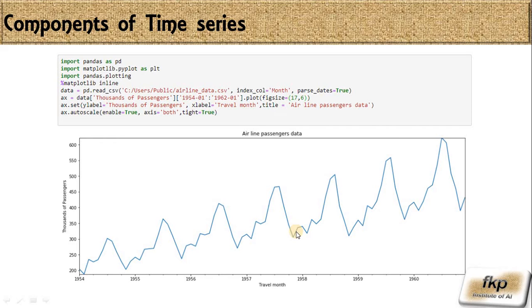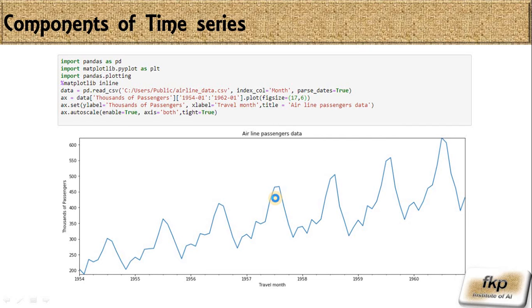It requires mechanisms to extract those components out of the time series data. This graph I downloaded from Kaggle, and it is related to airline passengers data from 1954 to 1961.